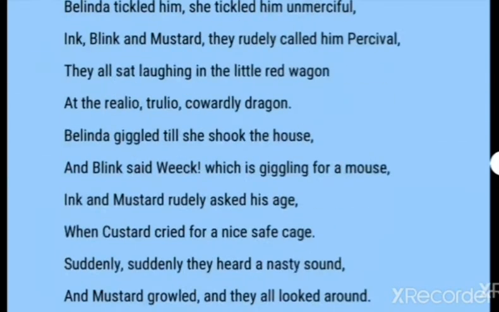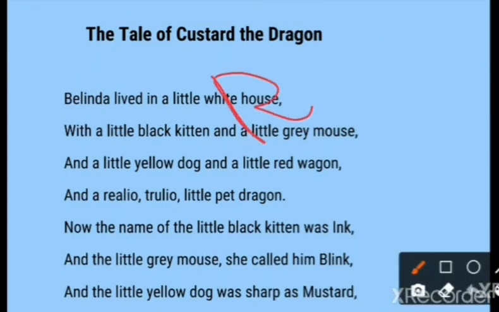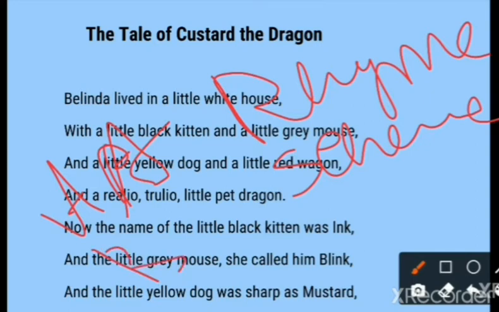So this was one of the techniques used in the poem, and this was the rhyme scheme of this poem.